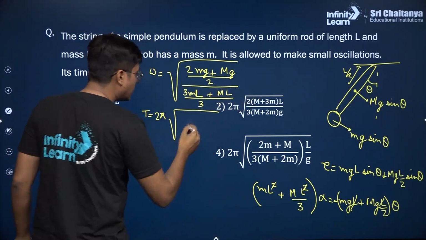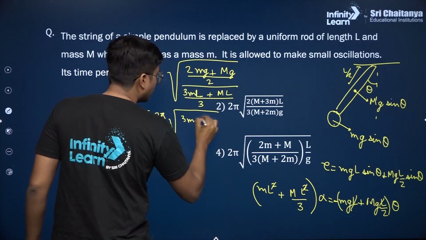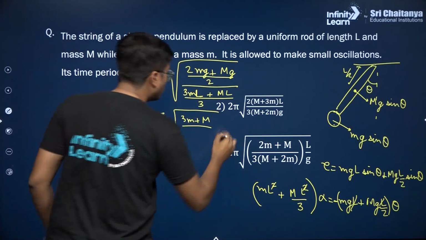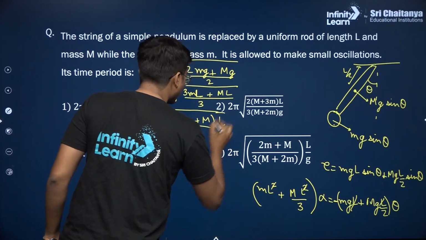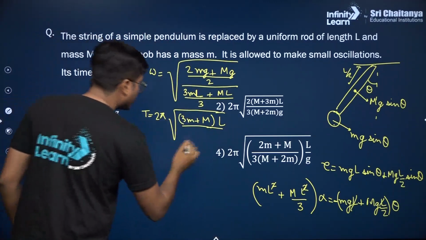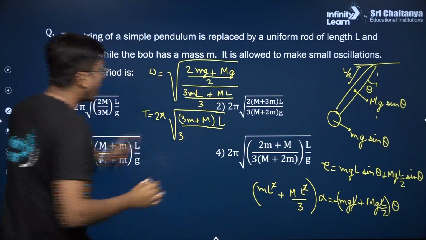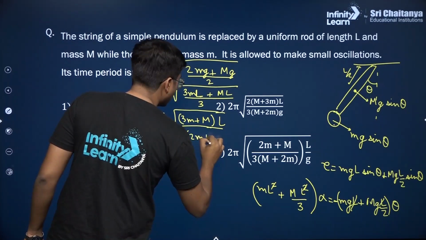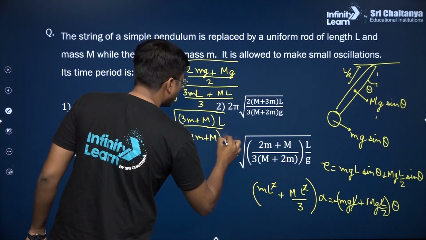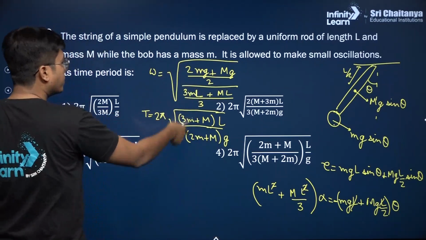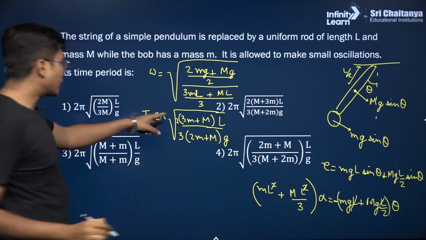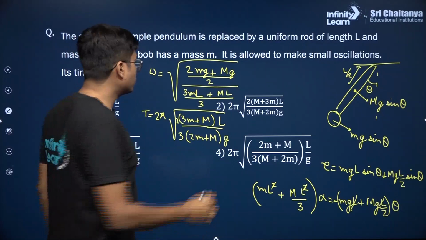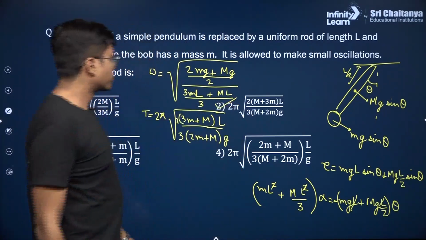You can take the L's common, so 3m plus capital M divided by, you have an L multiplied with an L, and you have a 3 down, you can even keep the 3 here for now, and this would be in the denominator, that would be 2m plus capital M. Again the g is out and the 2 will be multiplied up top. So that is our answer. Based on what we see here, that is option 2.